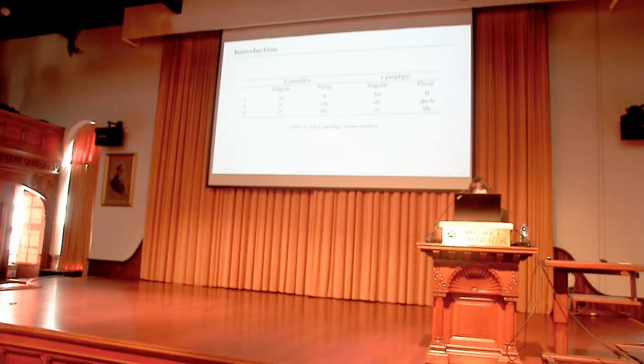Let us take a closer look at the Z paradigm. Only the first person and second persons get marked overtly, whereas the third person seems to be represented by a null morpheme in the singular. With the plurals, things get a bit more interesting. I have talked about the syncretism seen here.